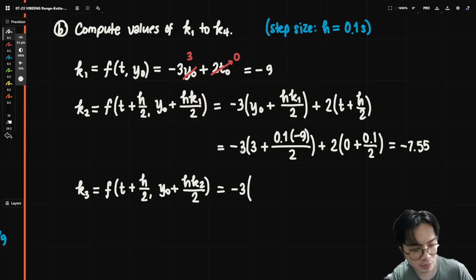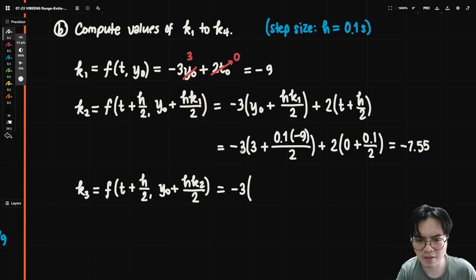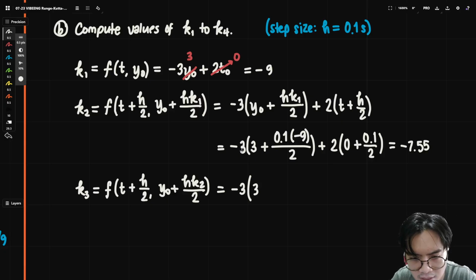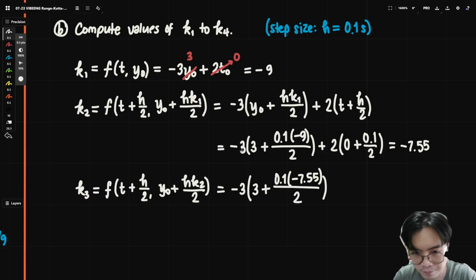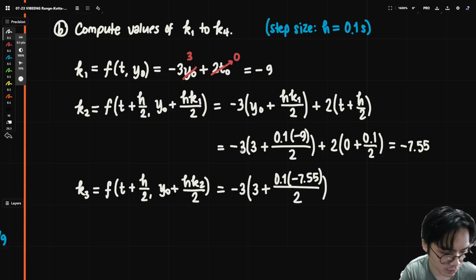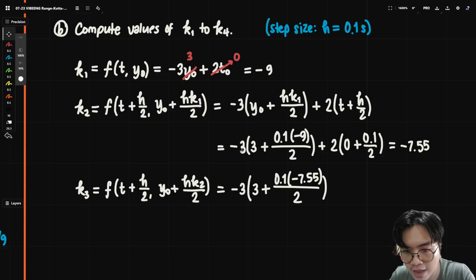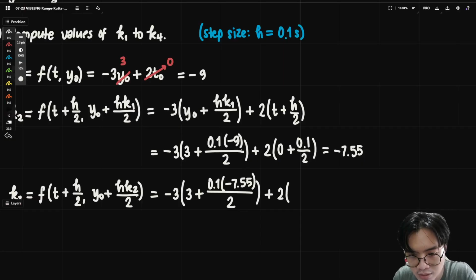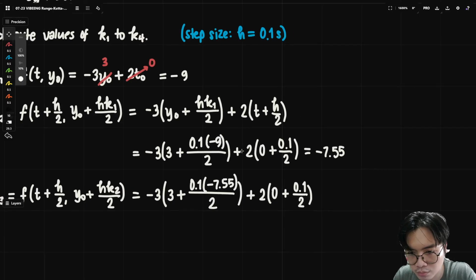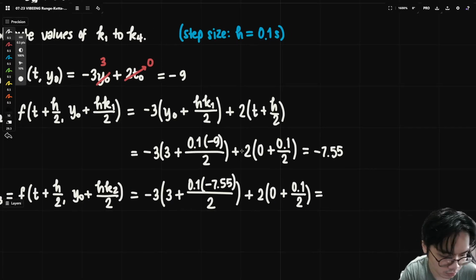Ang magiging lalabas dito is 3 plus 0.1 times negative, instead of negative 9, we go with negative 7.55 over 2. And then your value of time will still be the same, right? 0.1 over 2.